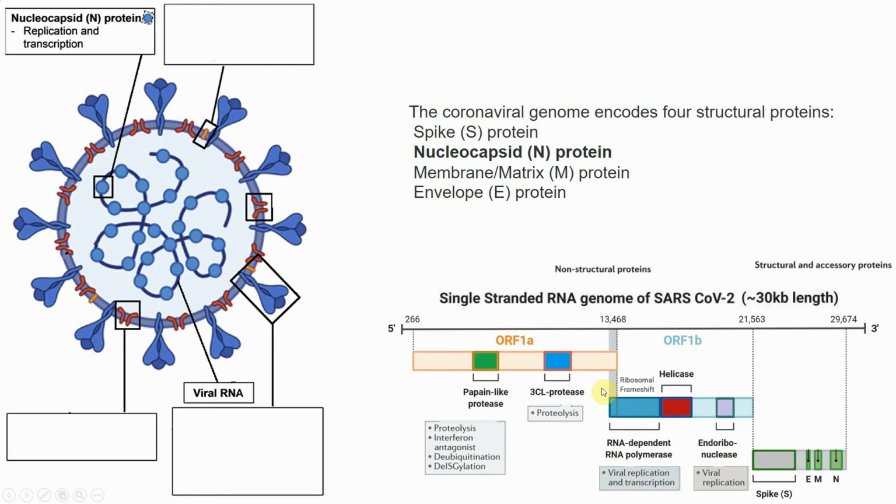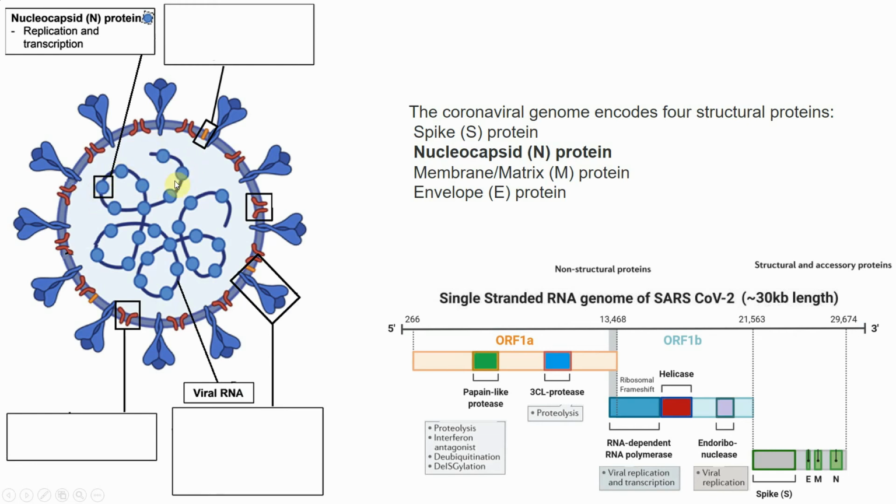But the other part is the structural and accessory protein, which is responsible for the synthesis of the proteins that we find in the virus structure. As you see, inside the virus, it is an enveloped virus. We can see a positive RNA, and the RNA binds to proteins called nucleocapsid protein.